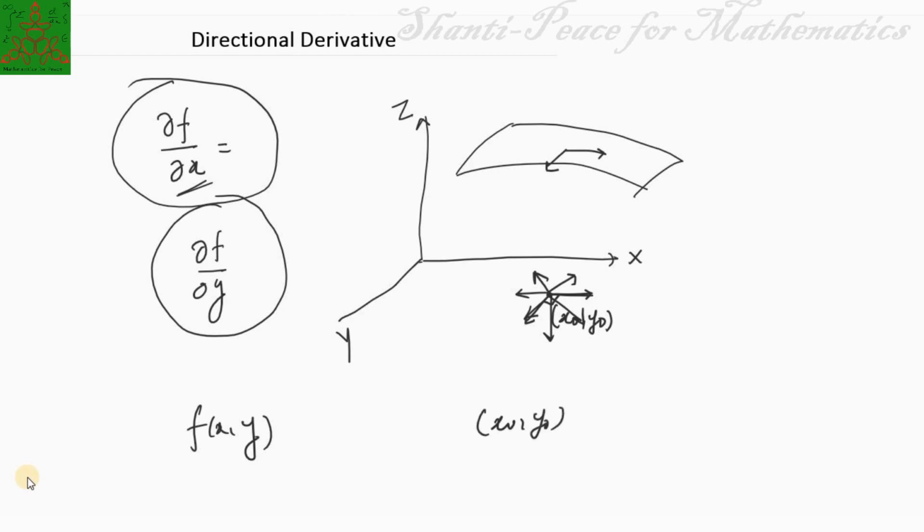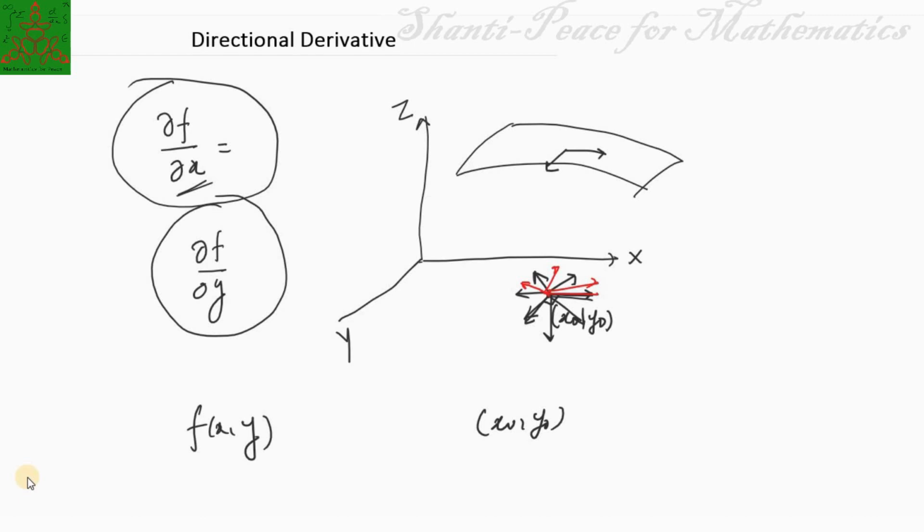There are many possible directions from x0, y0 to reach this point, so it is convenient to have a method of describing the specified direction starting at x0, y0.